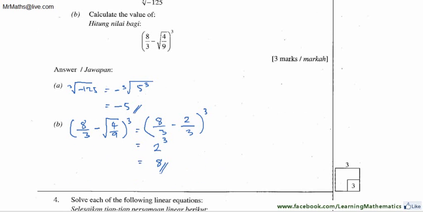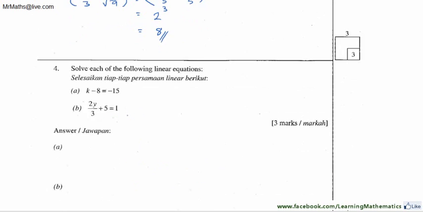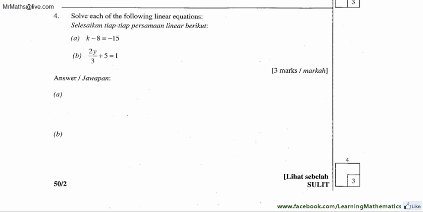Next question, number 4. Solve each of the following linear equations. A: k minus 8 is equal to minus 15. There are two ways to do that. We either add 8 on both sides, plus 8 over here and plus 8 over here as well, or we can use the transposition method.